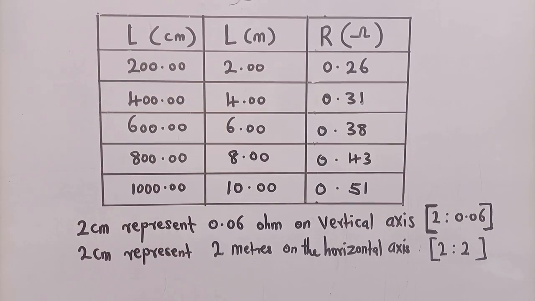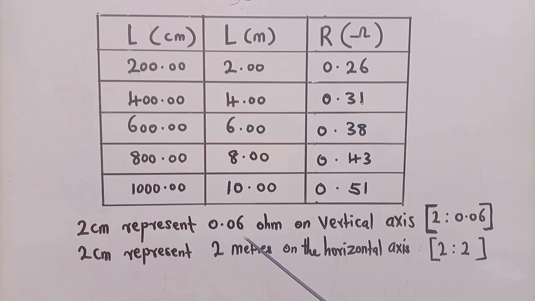Before we proceed to calibration, let us state the scale after choosing the scale, both for the L-axis and for the R-axis. It says 2 cm represents 0.06 ohm, no longer unit.